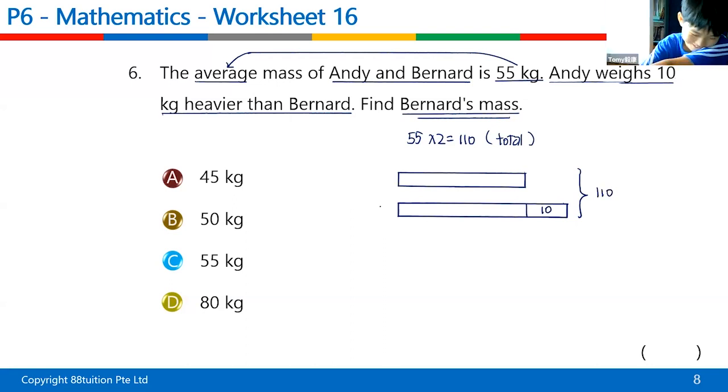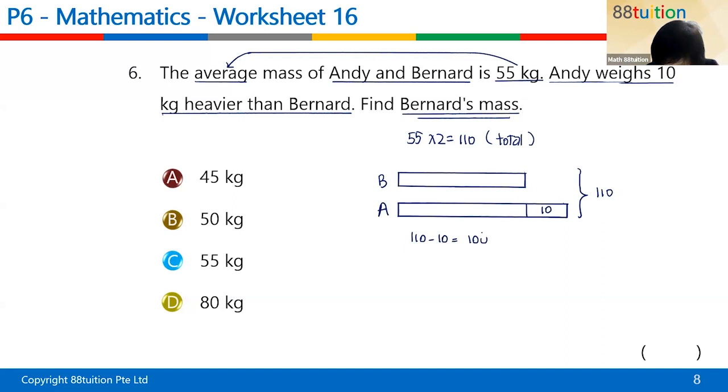So who is heavier? A is heavier than B. So when this is 10, you must get rid of 10 first. 110 minus 10. So you minus the 10, what you are left with is 2 units. 100 divided by 2, we get 50.